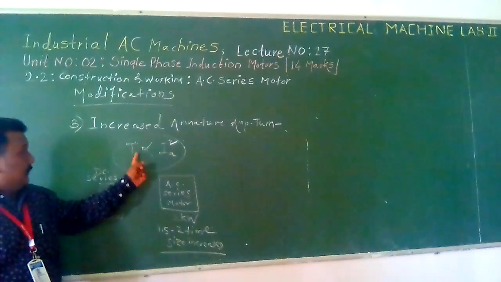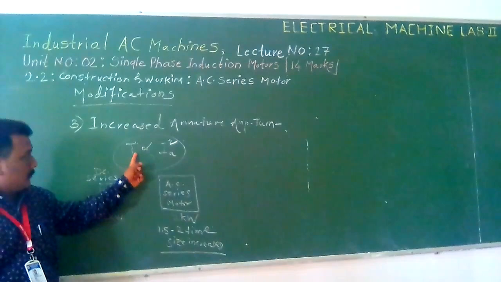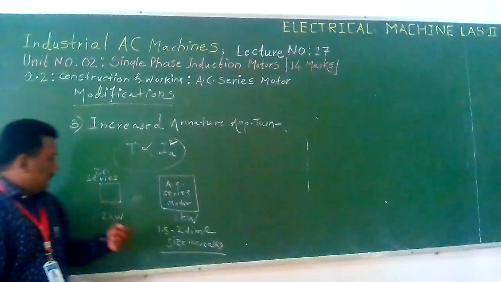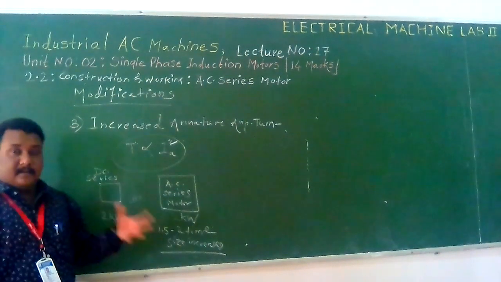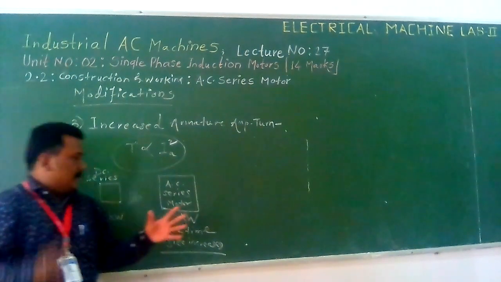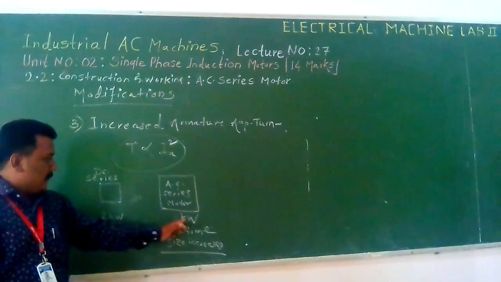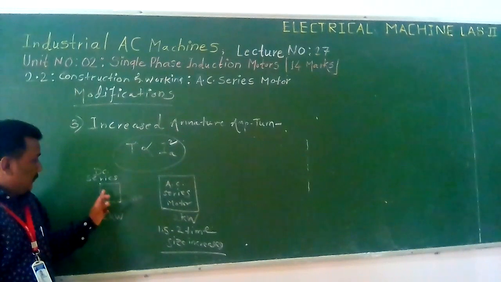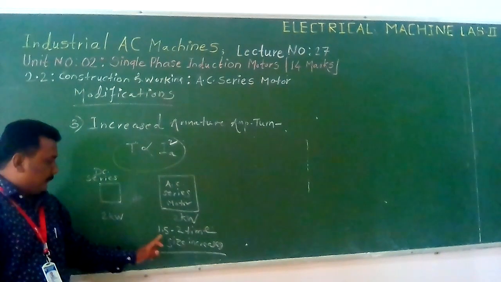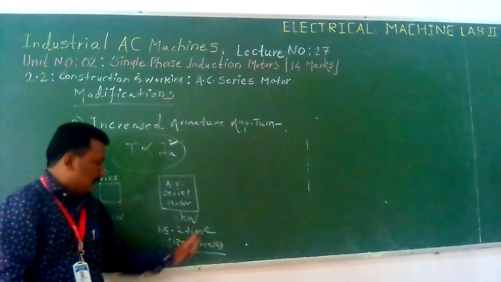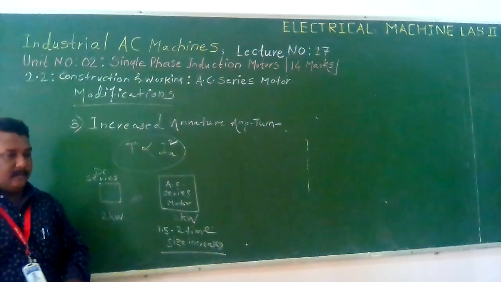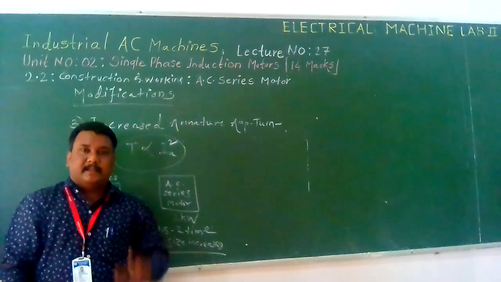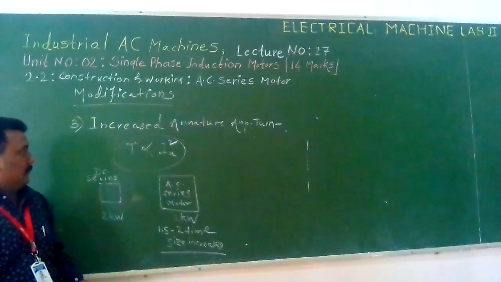That's why the armature torque will be high, load handling capacity will be high, and that's why the armature structure is bulky. For the same 2 kilowatt rating, the size of the AC series motor increases 1.5 to 2 times. This is the third type of modification, increasing armature ampere turns.